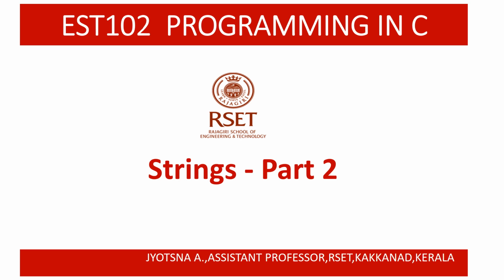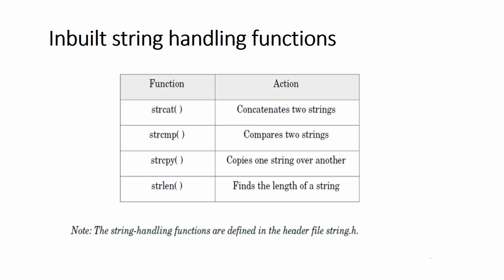This session I am going to discuss inbuilt string handling functions in C. There are a lot of inbuilt string manipulation functions, string processing functions present in the C library.